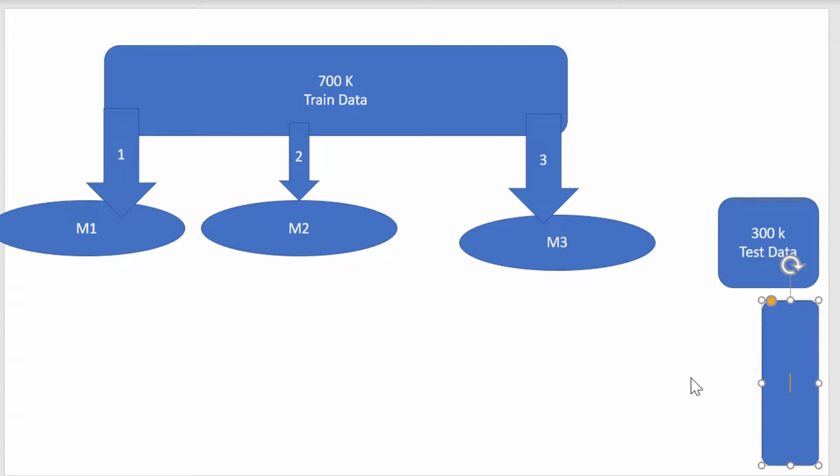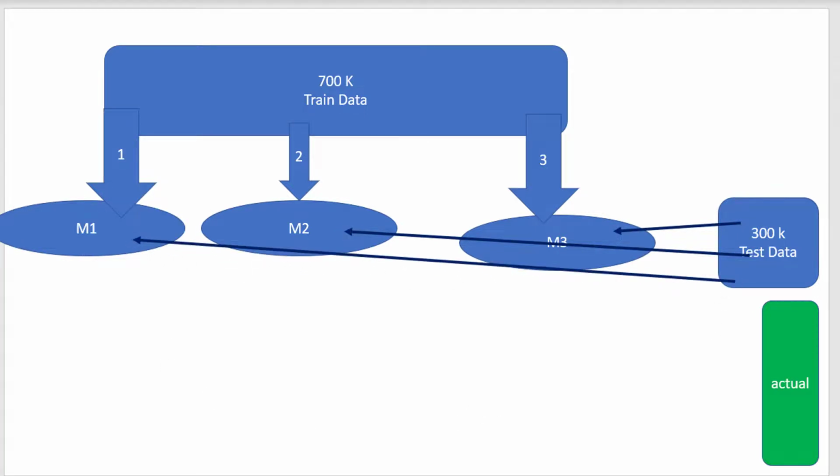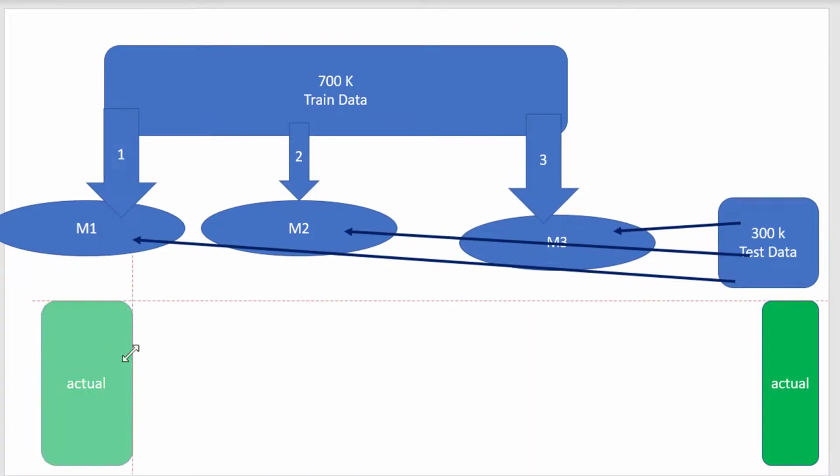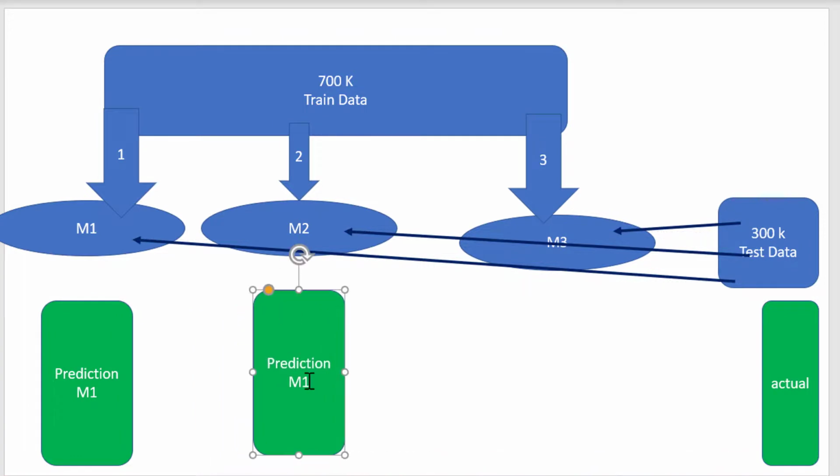They are all the actual values. By feeding these 300,000 records to the different models, I predict whether the user would have bought the product or not. They are all the predictions. So this is the prediction with model 1. In the same way I'll make predictions with model 2 and model 3.